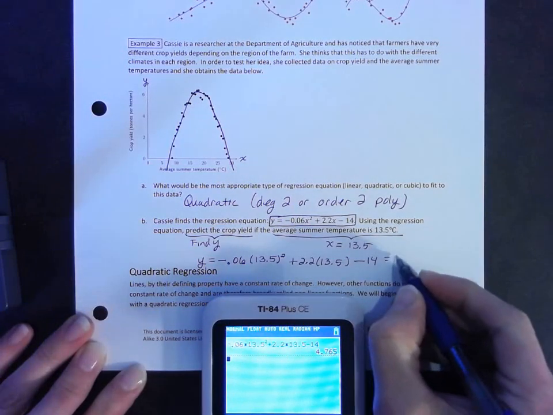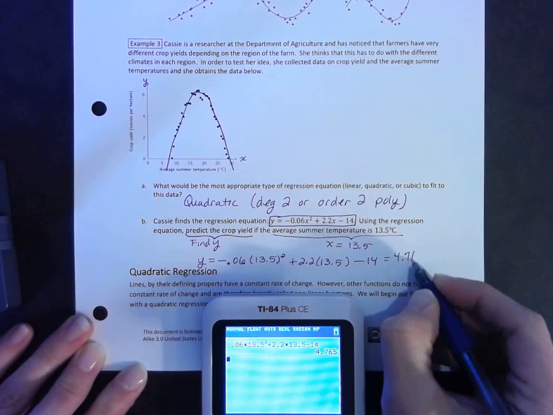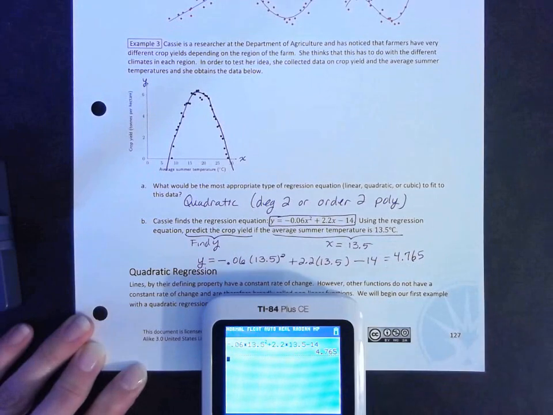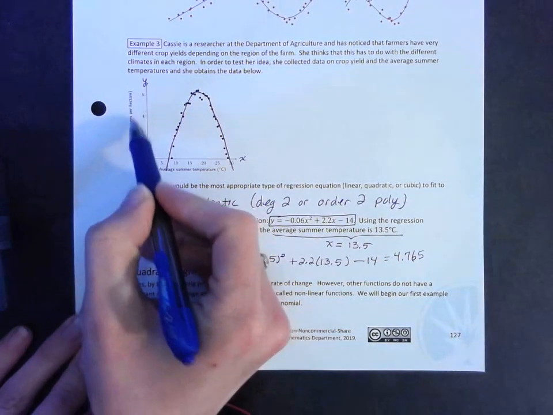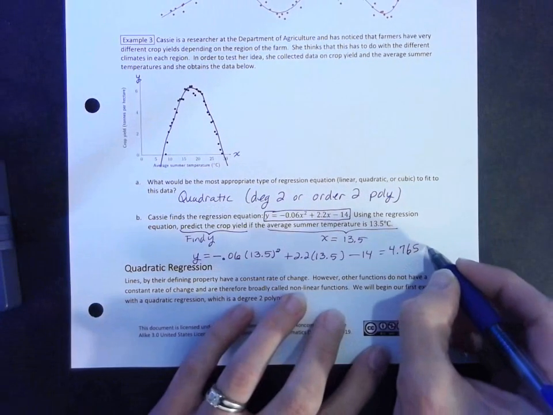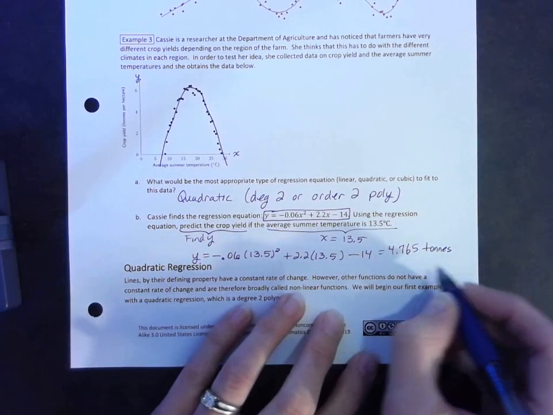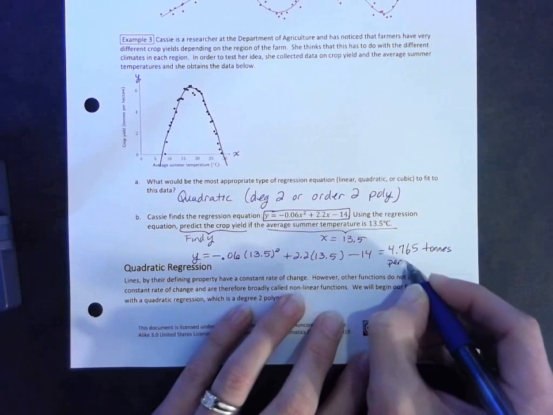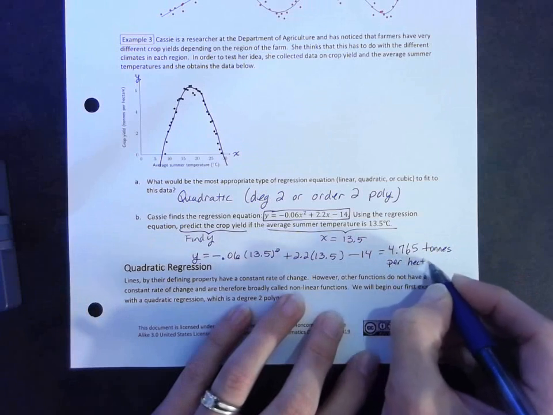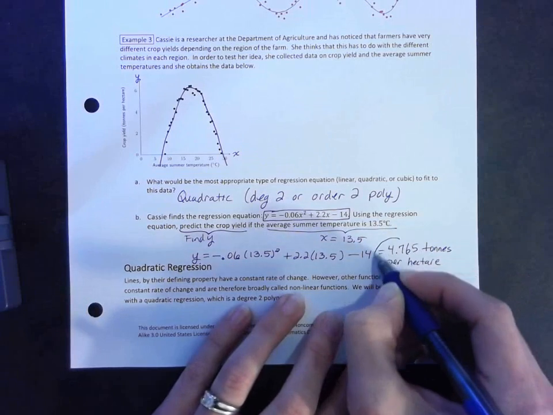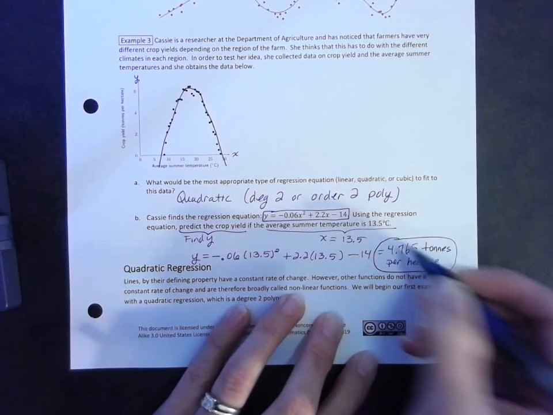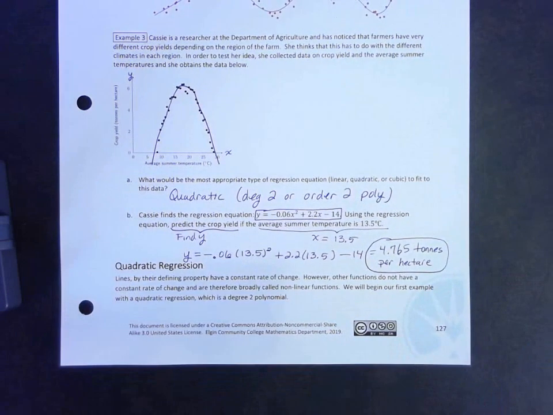And we have 4.765. And our label here, as given by the graph, is tons per hectare. I apologize if I did not pronounce that correctly. Okay, so that's how we might use a quadratic model.